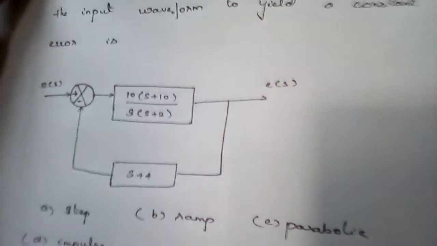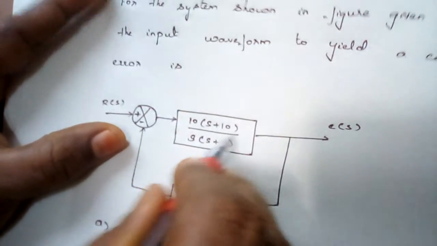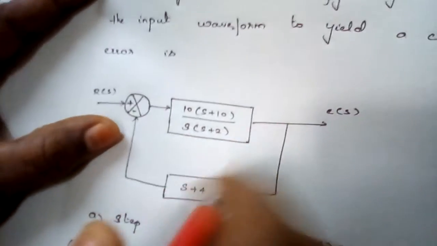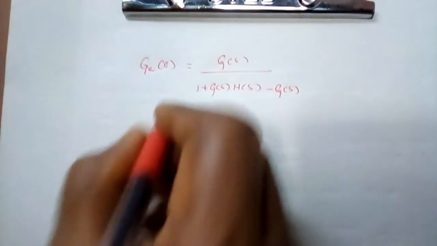So, in the problem, the G(s) is the upper term. Here, G(s) is equal to 10 into s plus 10 divided by s plus 2, and H(s) is nothing but s plus 4. Okay, so I am once again rewriting this.